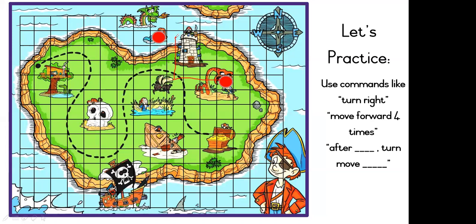Okay. So which way do we need to turn now to get to the mermaid? Left. Very good. We're going to turn left, and then how many move forwards do we need to get there? Once. Very, very good. Well done. And move forward, and there we go.